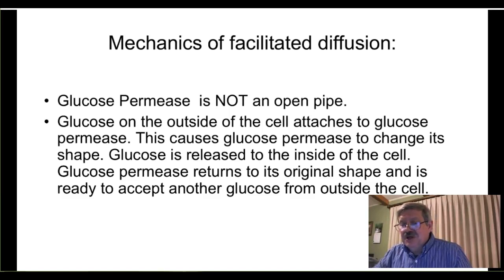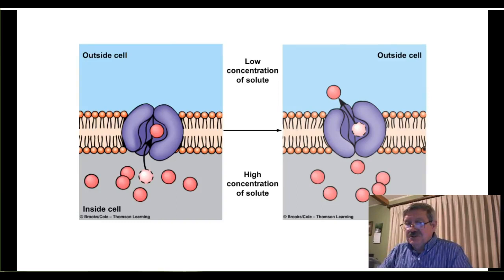So the channel protein is the one that acts like an open pipe that may or may not be gated. And the movement through the channel proteins is much more rapid than the movement through the carrier proteins. Okay, so here's an example. And in this example, we're actually moving material to the outside of the cell, but you notice right here, this material is in much higher concentration inside the cell than out, and this is a material that cannot go through that phospholipid bilayer, so it has to go through the protein.